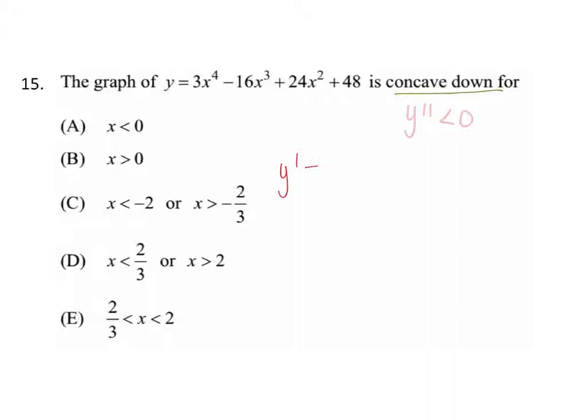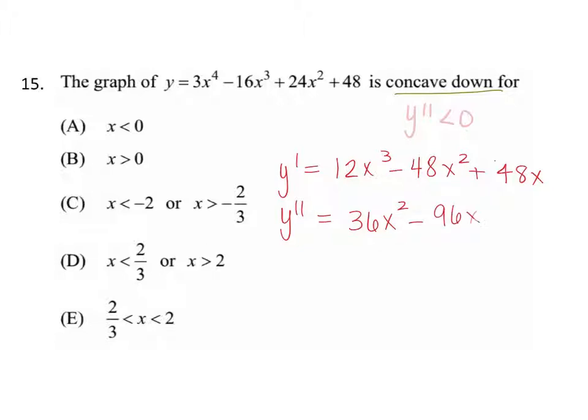Well, the first derivative is going to give us 12x cubed minus 48x squared plus 48x. Okay, now our next problem here, we need to go on to that second derivative. That's going to give us 36x squared minus 96x plus 48.